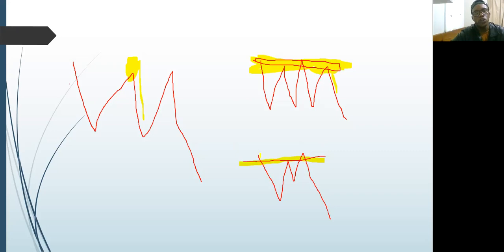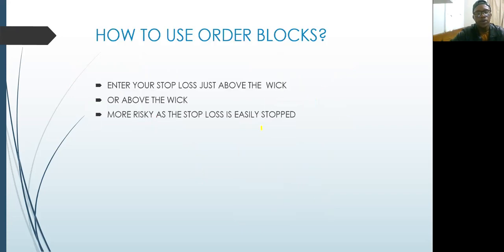So it's very important for you as a trader to know an order block. It's very, very important. I have 4 or 5 slides to introduce the order blocks. Here is a question: how to use order blocks. You enter the stop loss just above the wick, so close. But personally, I would suggest you don't enter earlier.